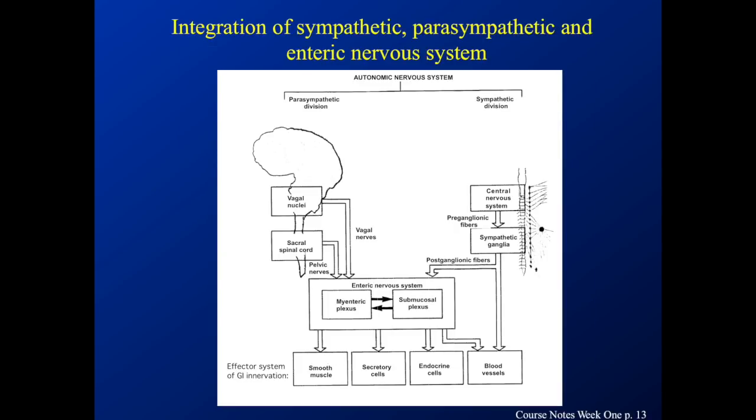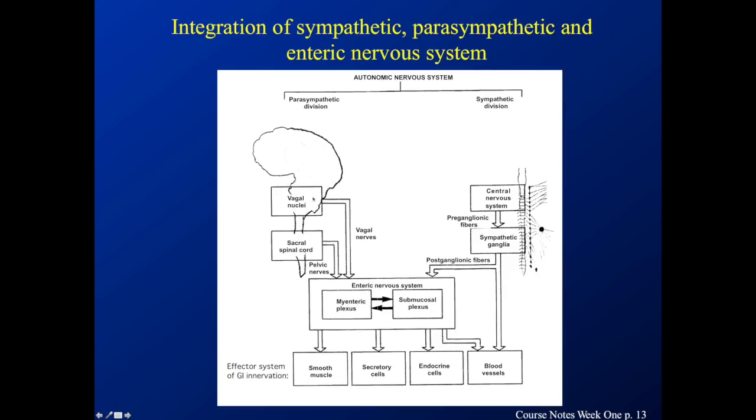This is a more detailed figure of how the long-range signals can affect the enteric nervous system. We have parasympathetic on the left here. The vagal and the sacral cord affect the enteric nervous system directly and alter its function, and then the enteric nervous system will go on and affect smooth muscle, secretory cells, endocrine cells, and blood vessels.